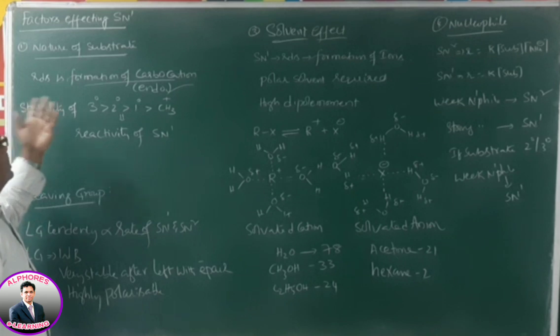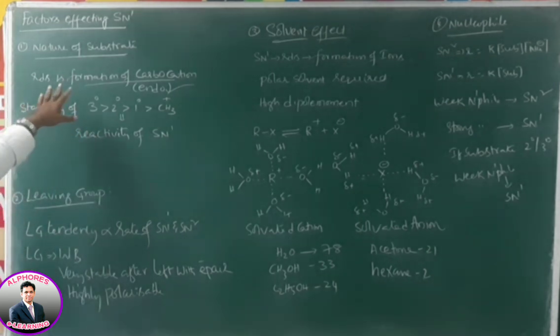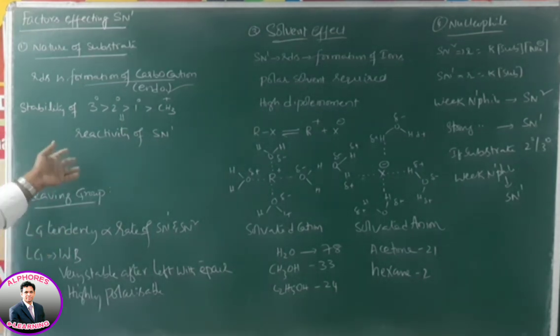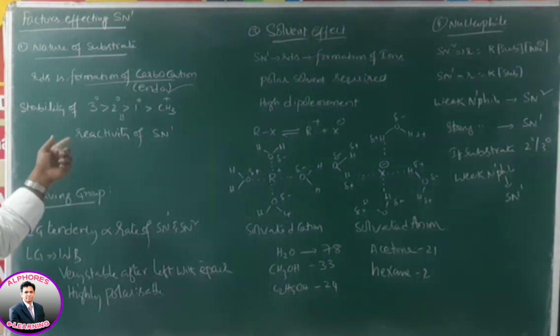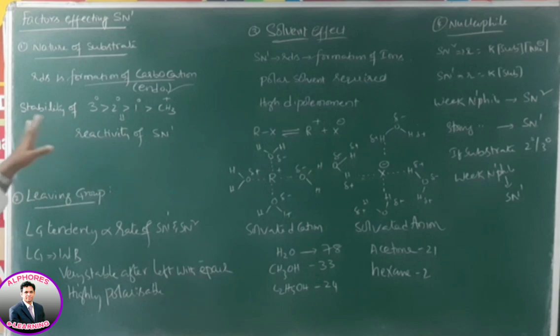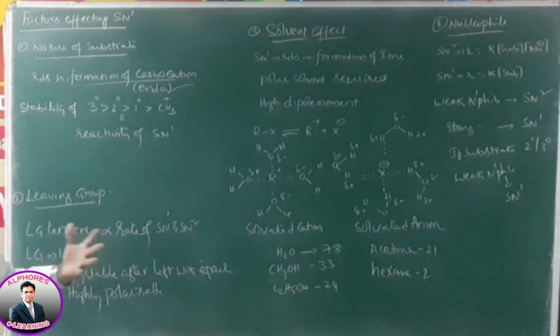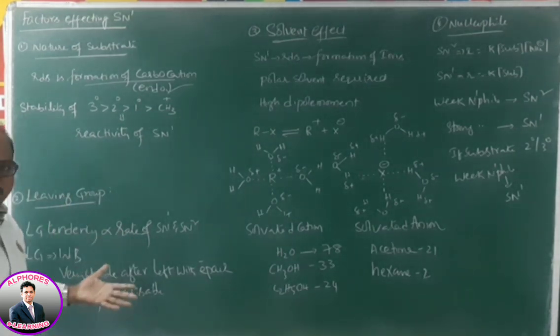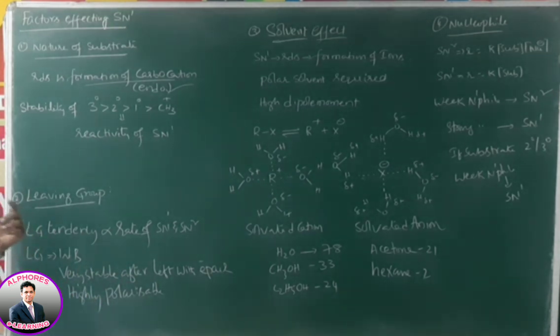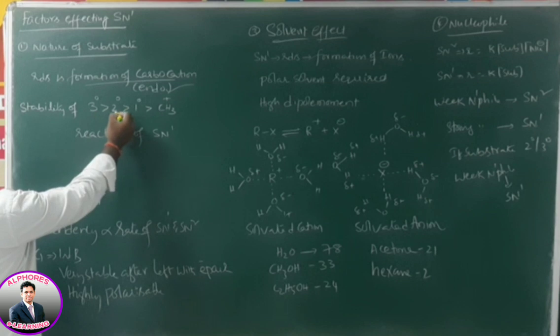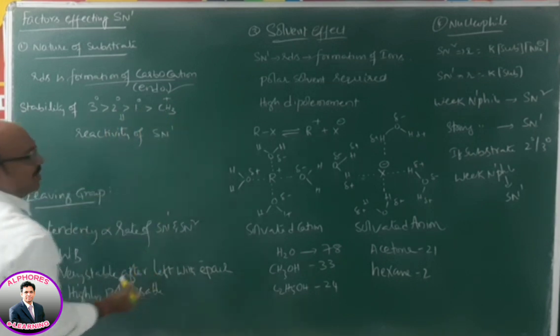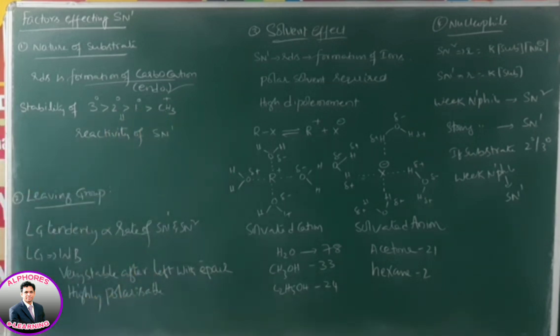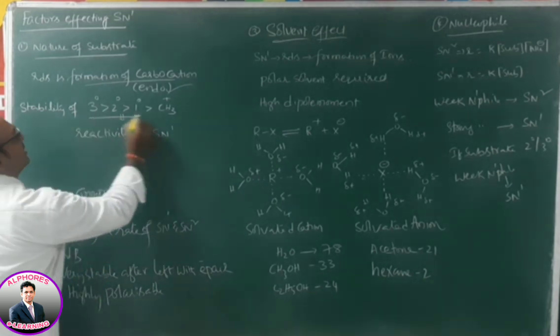Why a tertiary carbocation is more stable, we can explain based on electronic effects. In a tertiary carbocation, the positively charged carbon is attached to 3 alkyl groups. That's why there are more plus I groups, or in other words hyperconjugation. Because of plus I or hyperconjugation, tertiary carbocation stability is more than secondary, than primary, than methyl. So reactivity towards SN1 also proceeds in the same order.